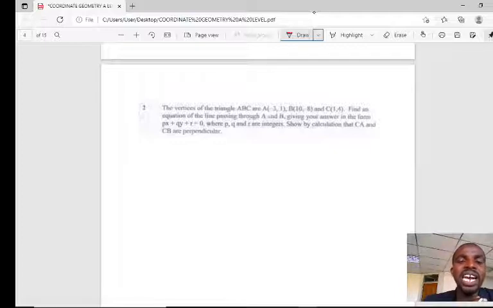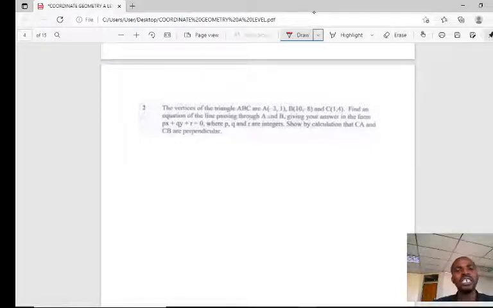What is an integer? It's just a whole number. Show by calculation that CA and CB are perpendicular. So if CA and CB are perpendicular, then the product of their gradients must be equal to minus 1.